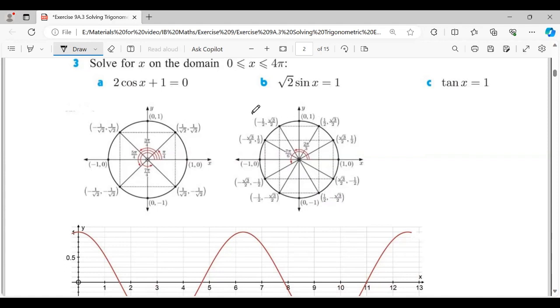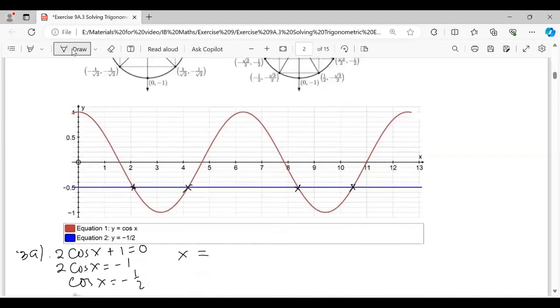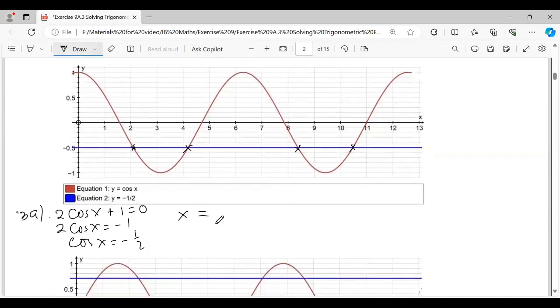This one is 4 over 6 pi, or we may simplify, becomes 2/3 pi.